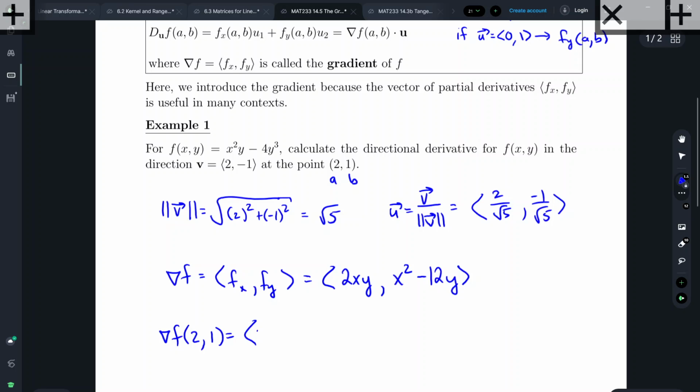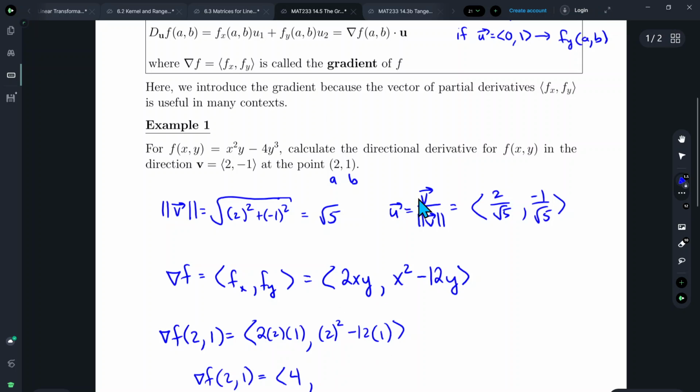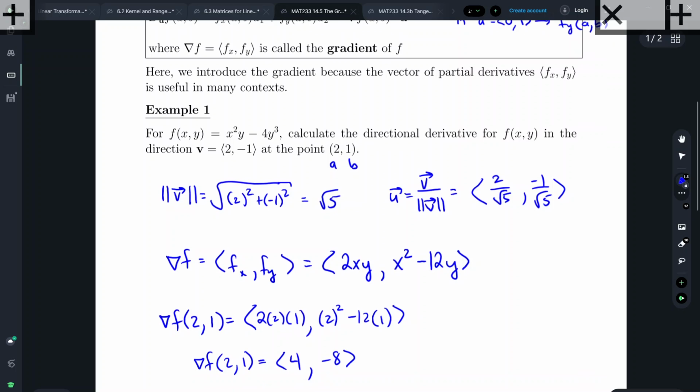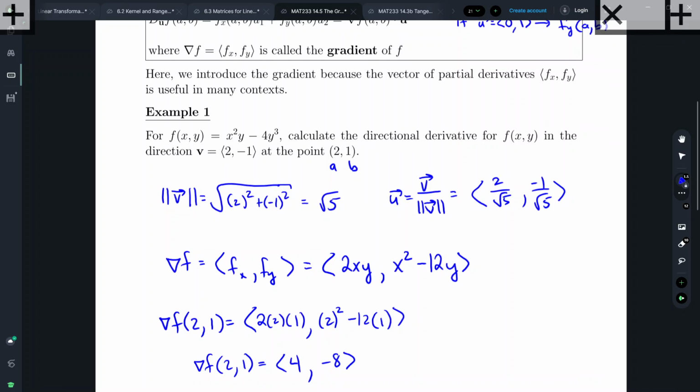So what do I get? So 2 times 2 times 1, comma, and 2 squared minus 12 times 1. So the gradient of f at the point 2, 1 is the vector 4, comma, and what is this? 4 minus 12 is negative 8. Okay, so now I just need to put it together.